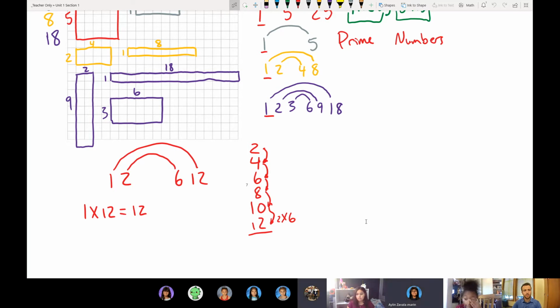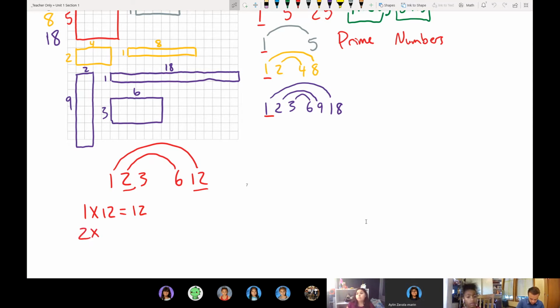So we start at 1, we match it with the number that we are trying to find the factor pairs for. Then we try 2 and match it with the number that could be multiplied by 2 to get us to that number. Possibly, sometimes it can't. And we just keep going. So let's try 3 now. Can we multiply 3 by a number to give us 12?